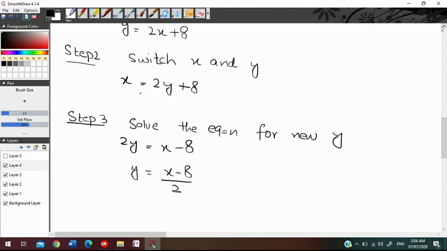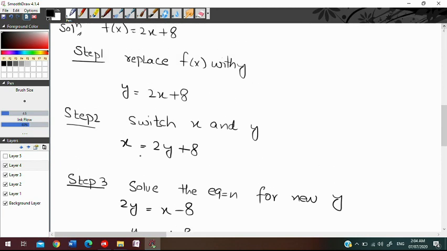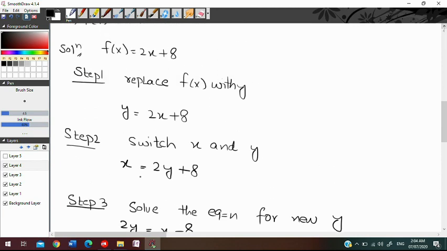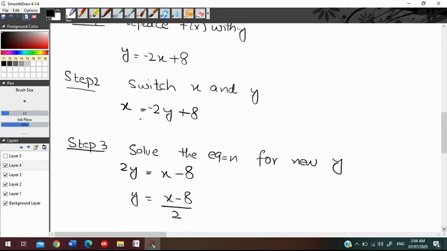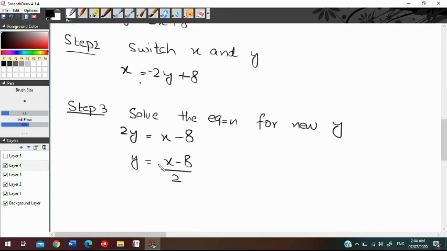Let me check one thing. Our question is f of x is equal to minus 2x plus 8, so again we have a minus over here. x is equal to minus 2y, and when we solve here and adjust this minus 2, we get y equal to 8 minus x divided by 2.